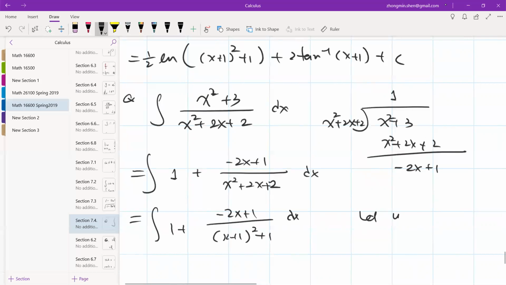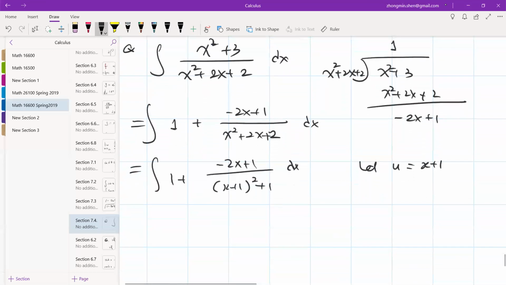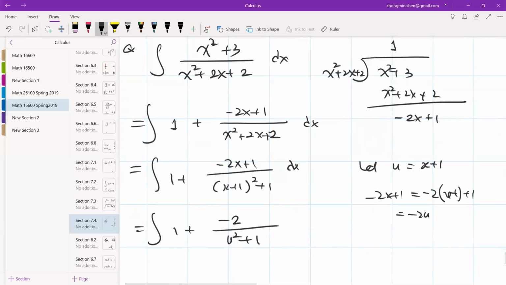So I let u be x plus 1. Okay. So you get u squared plus 1, negative 2. What is x? Yeah, we have to figure out what is negative 2x, right? Negative 2x plus 1 is going to be negative 2, x is u minus 1, and plus 1. So negative 2u plus 2 plus 1. So negative 2u plus 3.